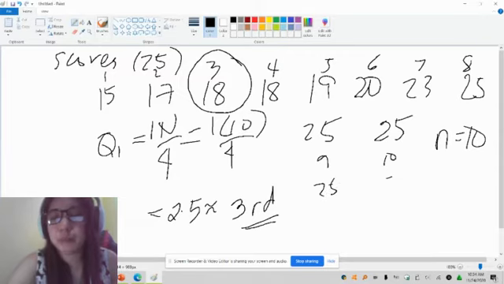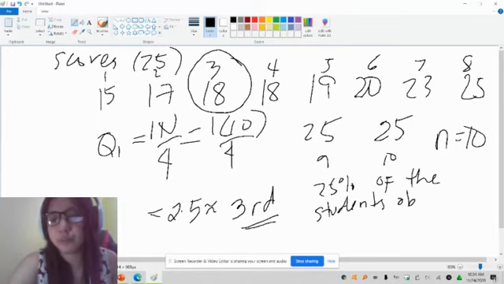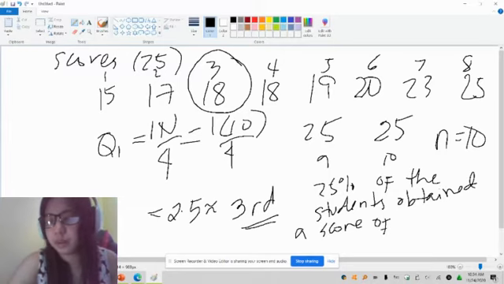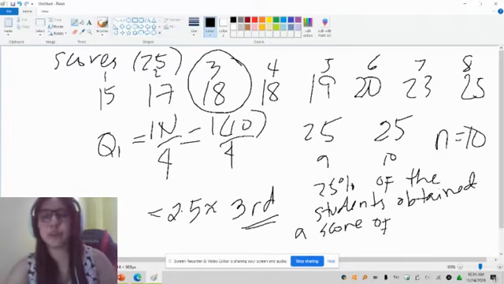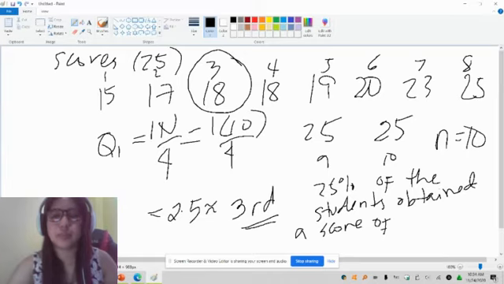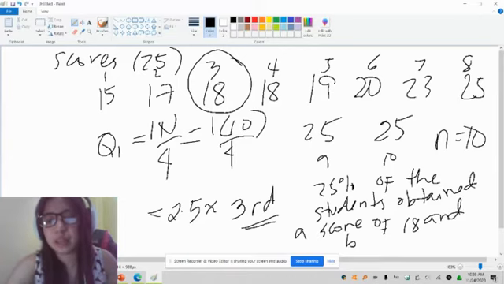So 25% of the students obtained a score of 18 and below.